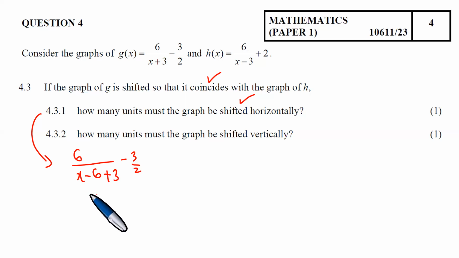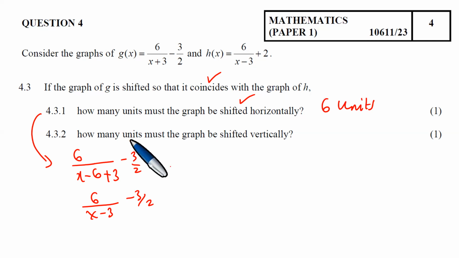So now we have x minus 3 over 2. We have shifted this graph 6 units horizontally. So how many units must the graph be shifted horizontally? 6 units. Why 6 units? Because it is only when you subtract 6 from x that you get minus 3 here.